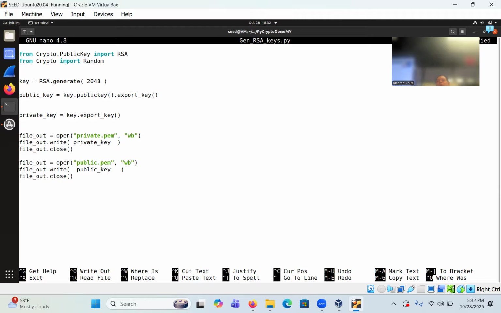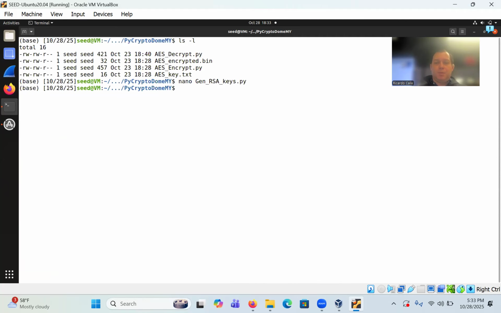So if everything is correct, once I run this script, I'll be able to create a pair of public and private keys with a size of 2048. So, pretty good. And now I can use these to exchange this AES key securely. So let's hope it works. Let's try it out.